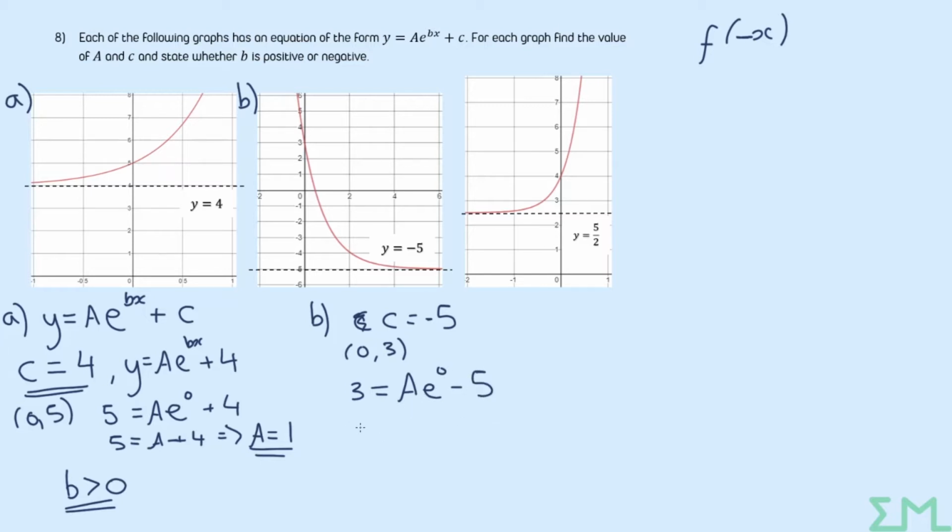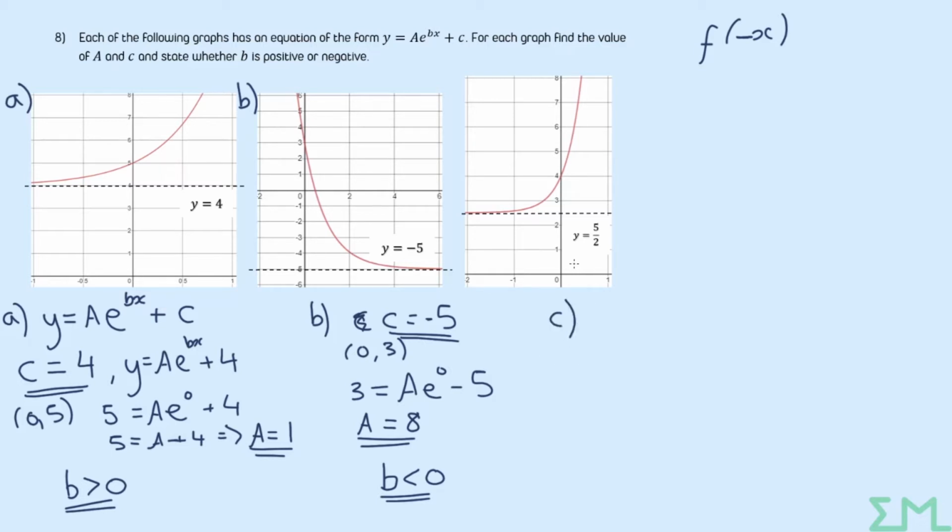Okay, so a therefore must be 8, because e to the 0 is 1, and we're adding the 5 over to the other side. So we've got our a, we've got our c, and then we are just stating whether b is positive or negative. So this time it is coming down, and as x increases, y decreases, so that must mean b is negative, because it's like we've flipped the original shape around in the y-axis.